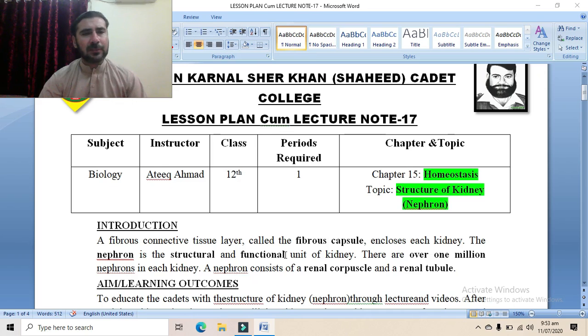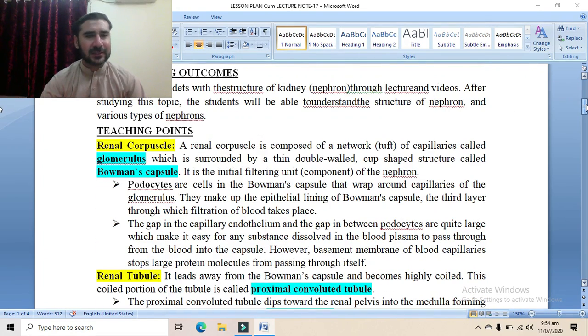We will study in detail the structure of this nephron, which is an important basic unit of the kidney. There are over 1 million nephrons per kidney. A nephron basically consists of two parts, the renal corpuscle and the renal tubule. We will move towards the teaching points.